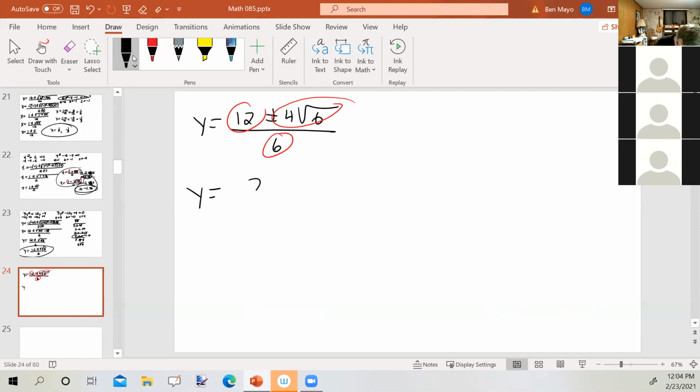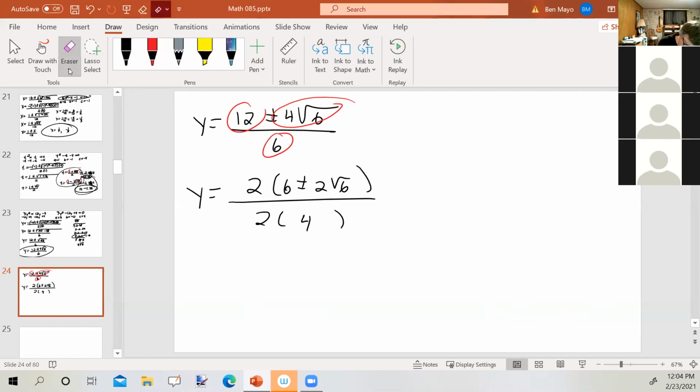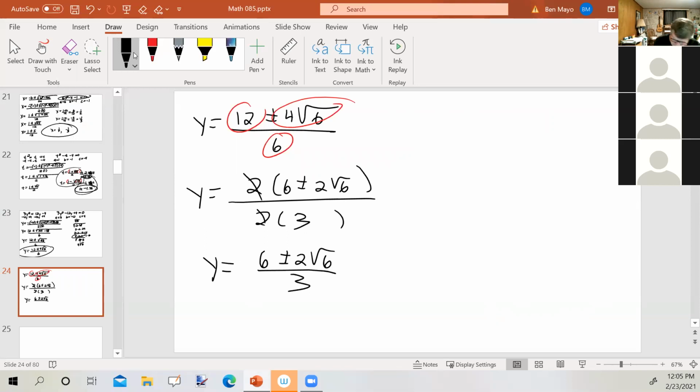So y equals 2 times 6 plus or minus 2 square roots of 6 over 2 times 3. You see what I'm doing there? To reduce it down. So there are the two answers, reduced down. But now I'm going to separate them.